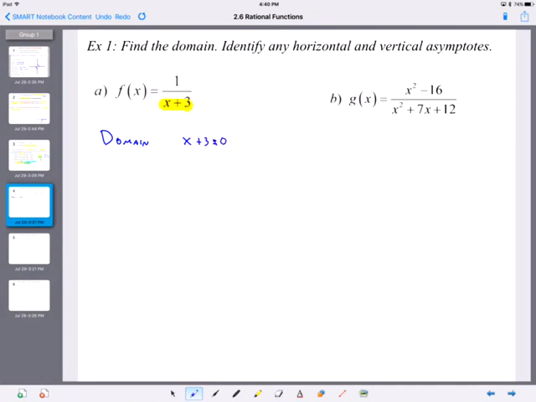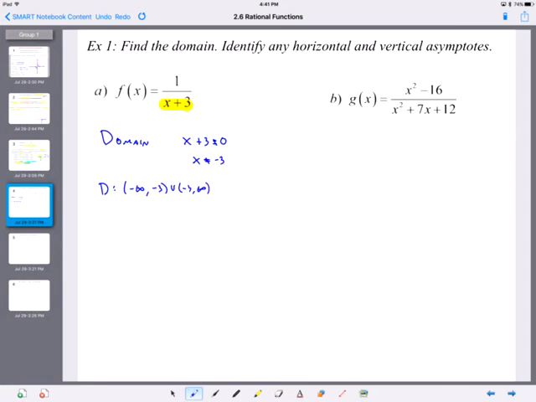So what value of x makes the denominator equal to 0? Negative 3. So your domain is all real numbers except for negative 3. So negative infinity to negative 3, and then we're going to do the union. And so that means all real numbers except for negative 3.